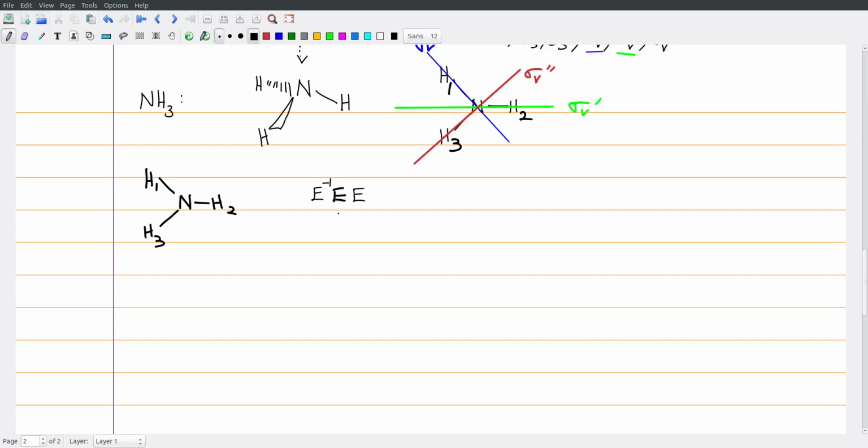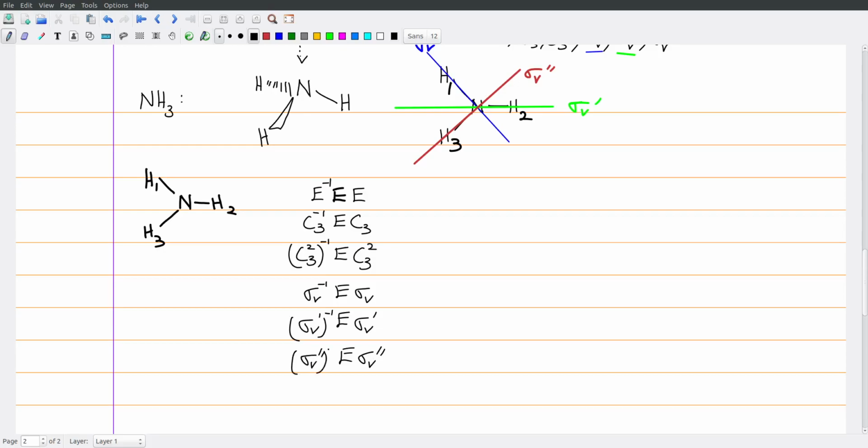So I have to do this, then C3 inverse, then C3 2 inverse, then E sigma V inverse, E sigma V dash inverse, then E sigma V double dash inverse. Right, so the first thing that we will do is this operation.